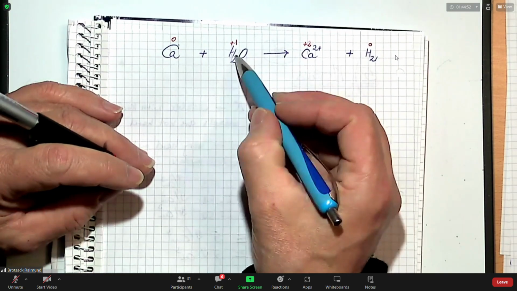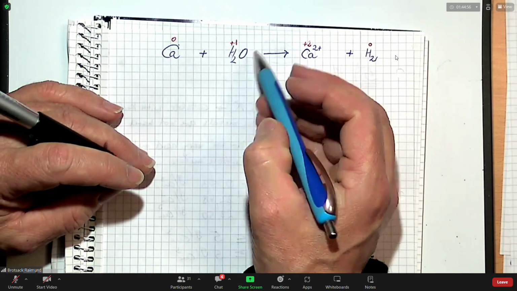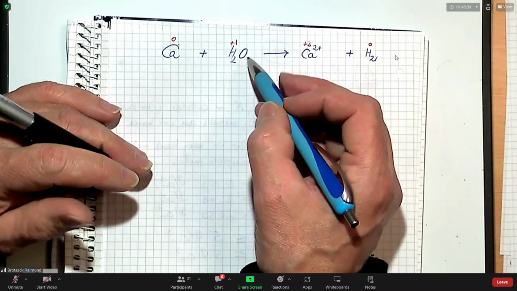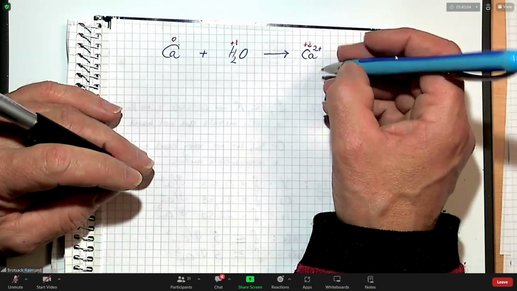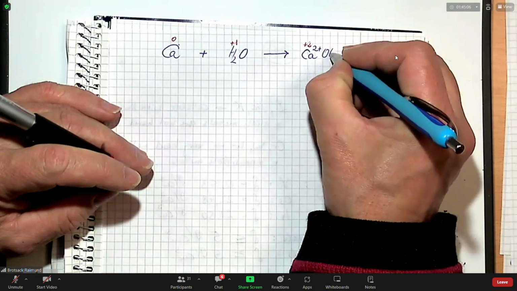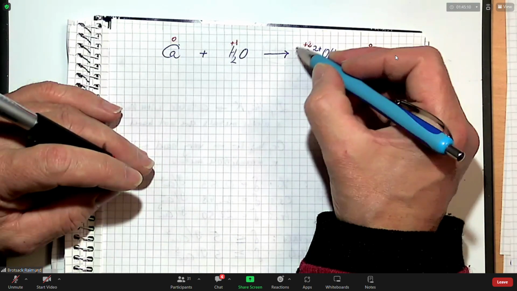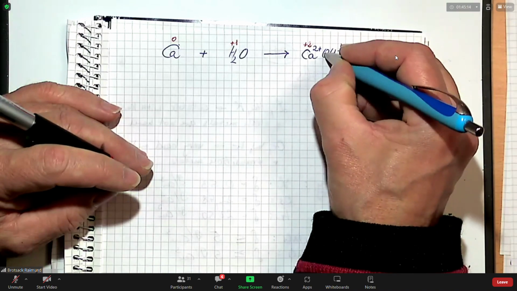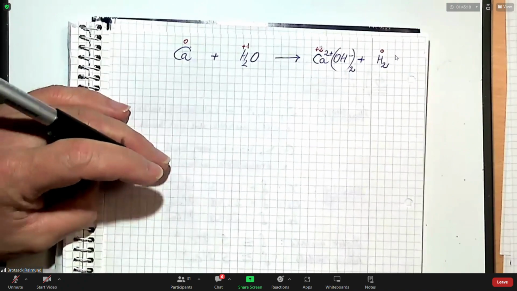If you take away a proton from the water, what remains? What charge? So OH-. How many of them are needed to balance this calcium hydroxide? So 2 of them.